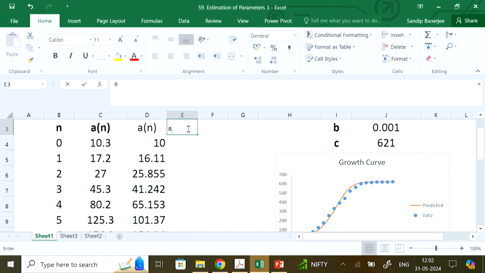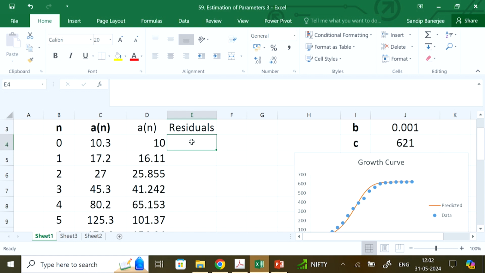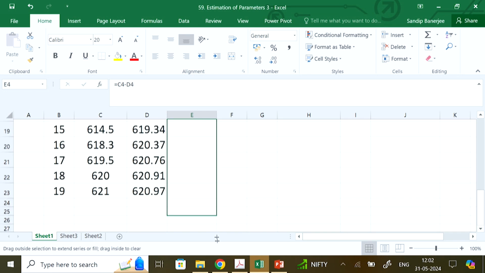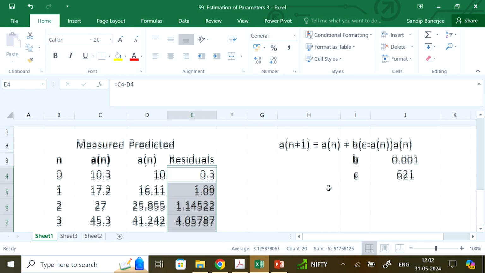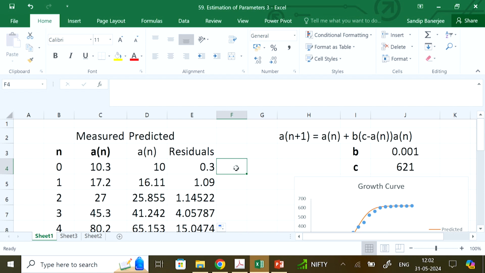So first you calculate residuals, so the residual is this value minus this value. And then the residual square, so this square.